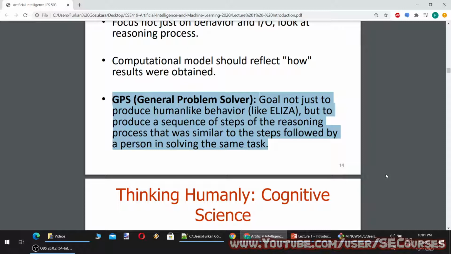Let's say your manager has given you a task, and to solve that, you need to make some planning and take step-by-step actions. In an artificial intelligence system, we expect the same.